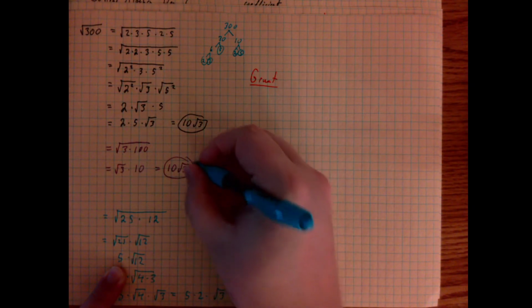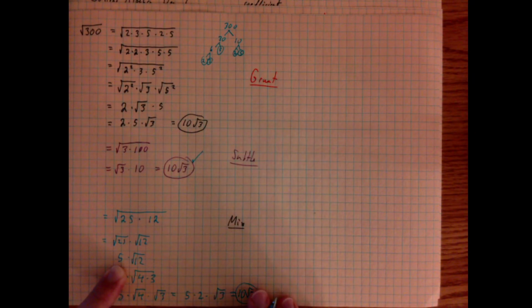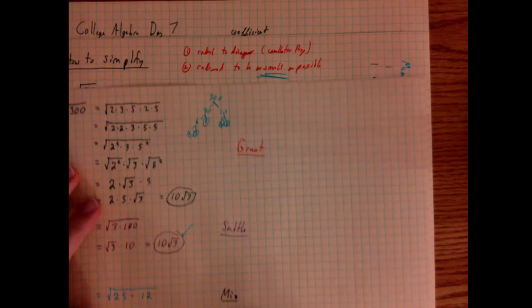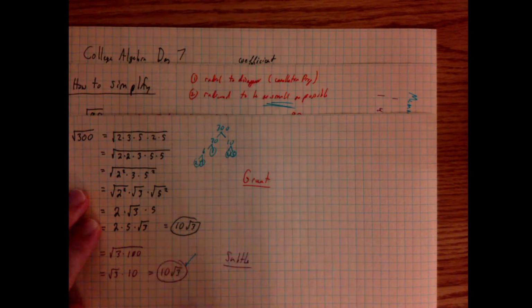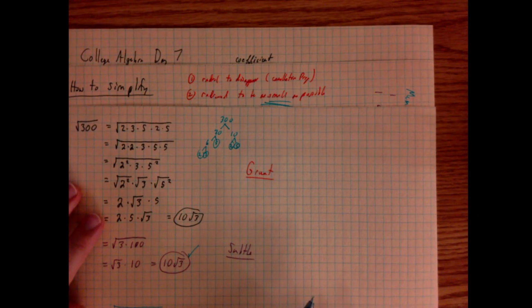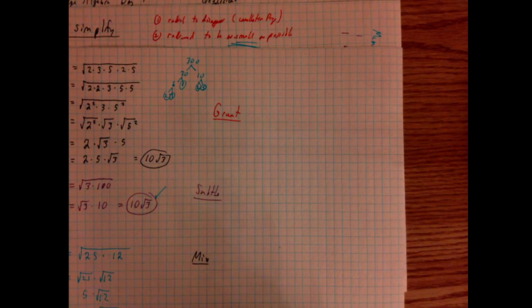But this one is the agreed upon simplified solution because it matches our two properties: either the radical needs to disappear, or the radicand needs to be as small as possible. That's how we define being simplified. And in this case, that's how we do it. Let's look at another.